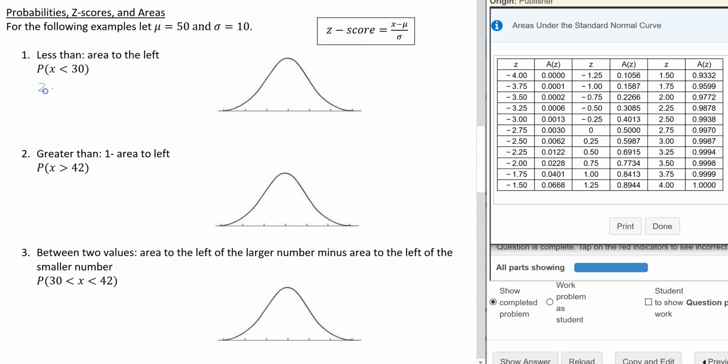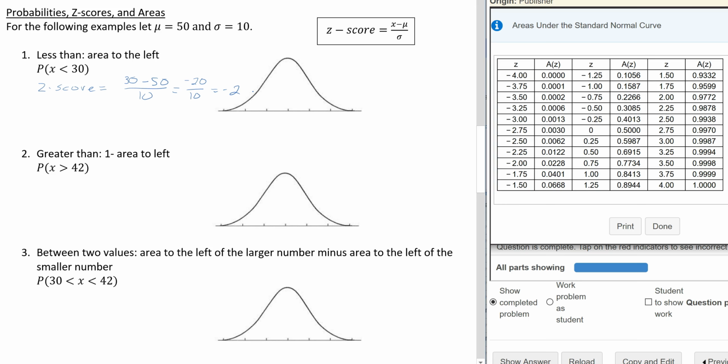Okay, first we need to find the z-score. And the z-score is found by taking 30 minus 50, dividing it by 10. And this equals negative 20 over 10, which is negative 2.